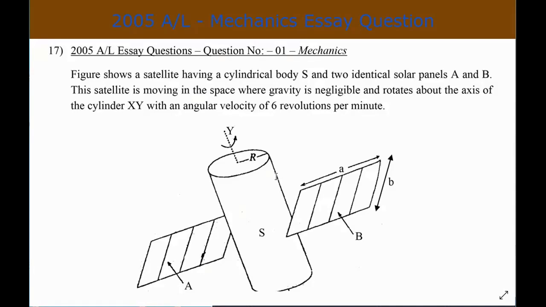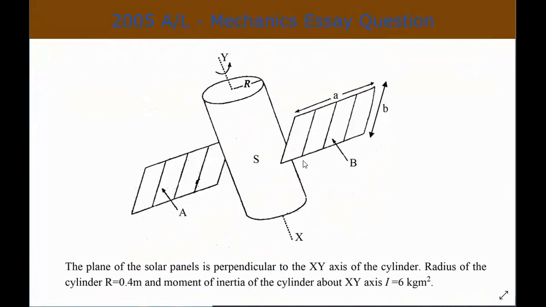It rotates about the axis xy of the cylinder with an angular velocity of 6 revolutions per minute. So the angular velocity is given in RPM. The satellite has a cylindrical body and two solar panels.